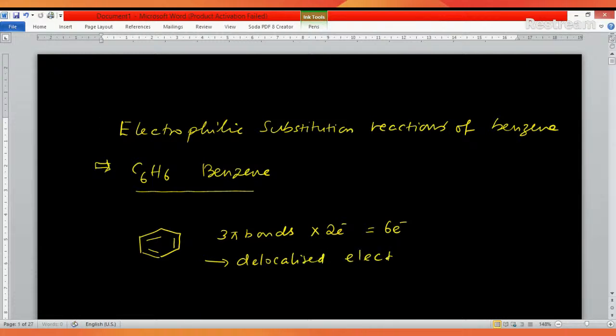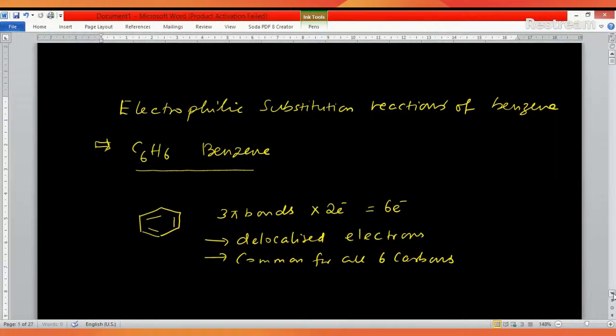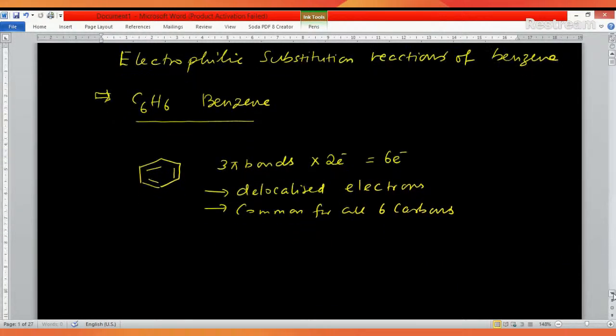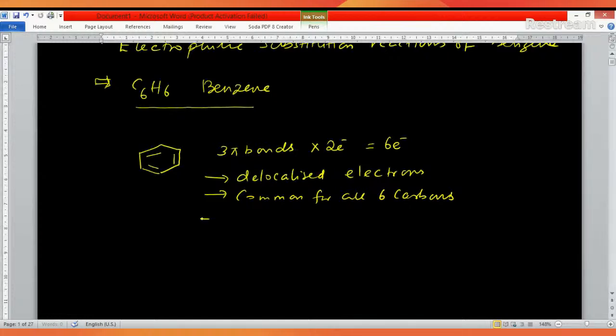Delocalized electron means they are common for all the 6 carbon atoms present in the benzene. Thus, we can understand the benzene is electron rich.